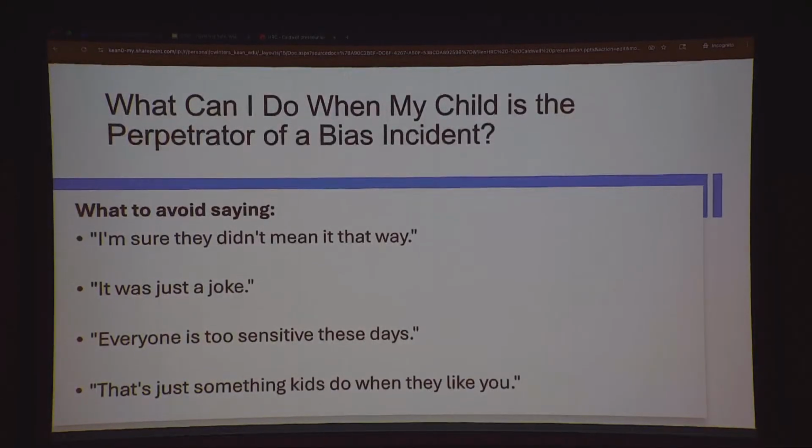Some things to avoid, and again, it goes in line with those microaggressions that we were talking about. Try not to justify the child's actions, right? Don't say it was just a joke, or they didn't mean it that way, or everyone's too sensitive, or sometimes kids do that. It's easy for us not only to be angry at our child for making those decisions, but also for us to try to repair for our child, right?